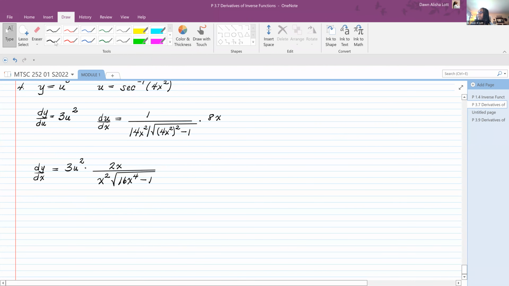Okay, so we're there. Now we're done. dy dx is 3, so that's 6, u squared becomes the secant inverse of 4x squared, and the only thing you can do is make that squared.